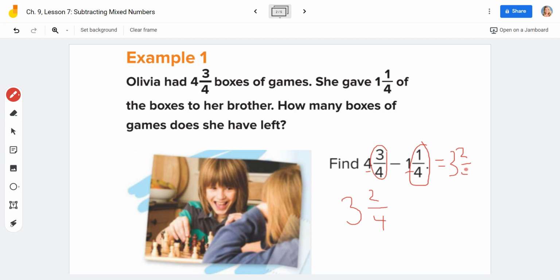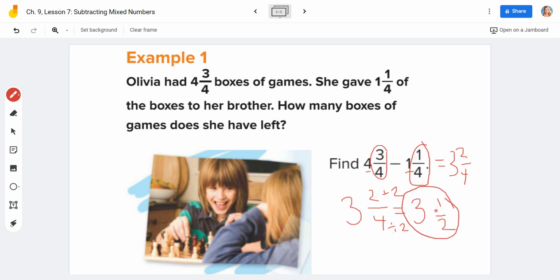But you know 3 2/4 cannot be my final answer, because 2/4 can simplify. I can divide 2/4 by my greatest common factor of 2 and 4, which is 2. So 2 divided by 2 is 1, and 4 divided by 2 is 2.